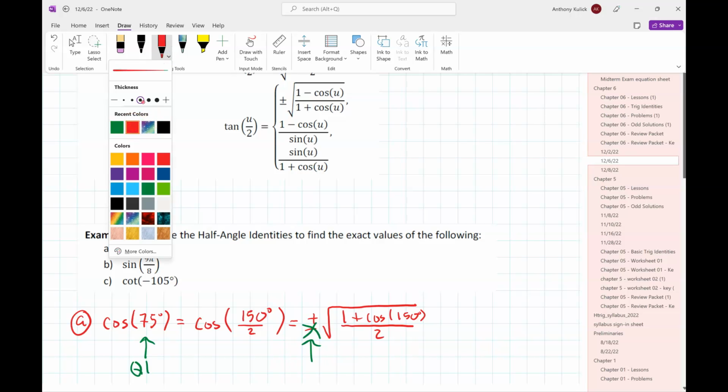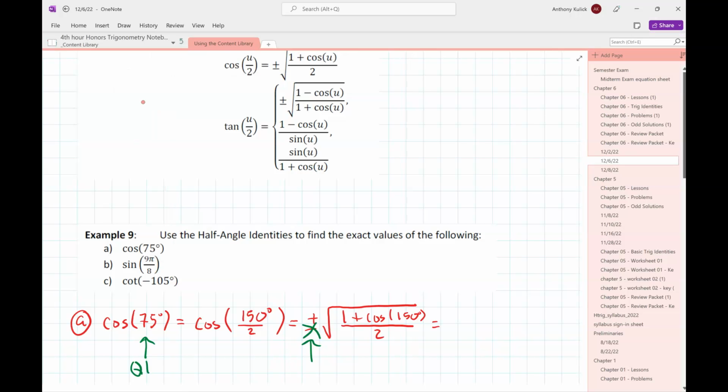So cosine of 150, 150 is in the second quadrant, so that's going to be negative root 3 over 2, over 2, all under a square root. Now I want to get rid of the fractions inside of my fraction.